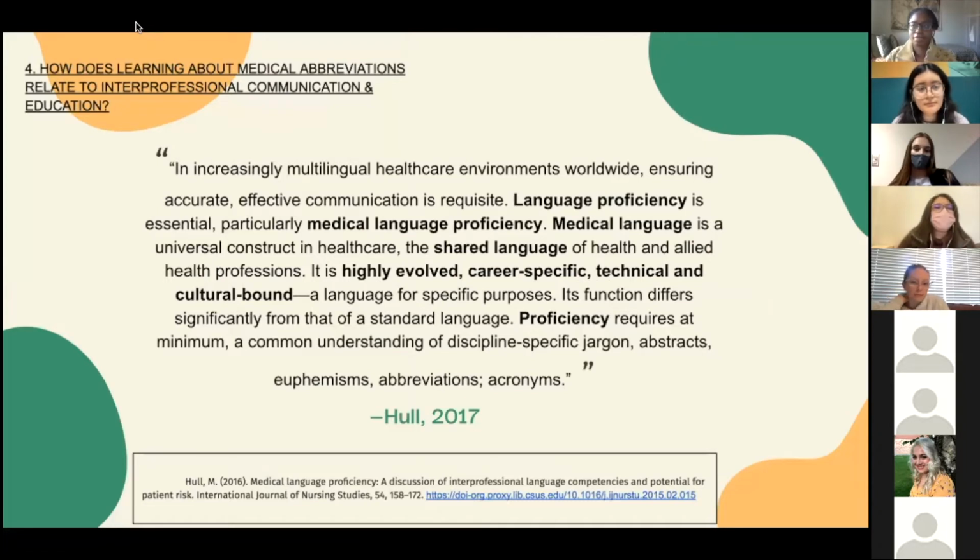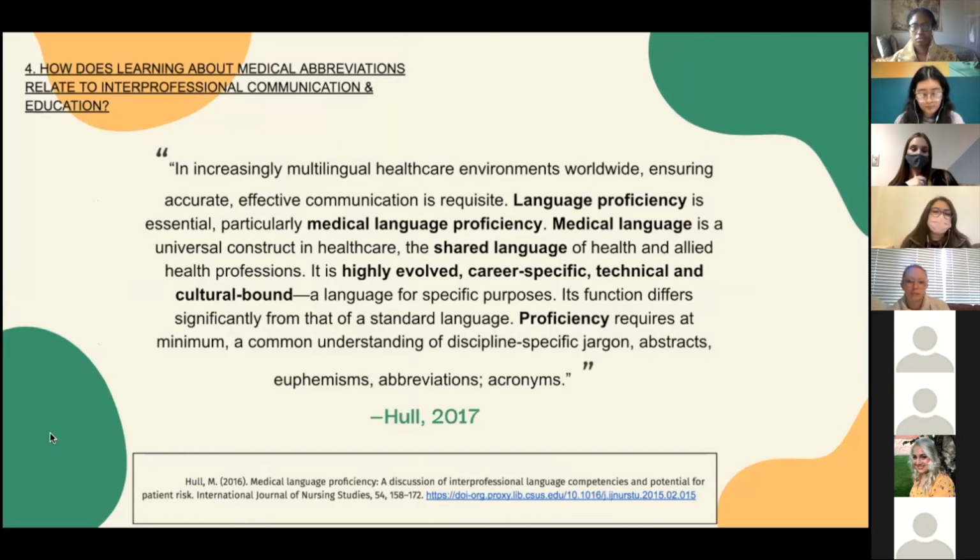All right. So how does learning about medical abbreviations relate to interprofessional communication and education? Here's a statement by Hull. In increasing multilingual healthcare environments worldwide, ensuring accurate, effective communication is requisite. Language proficiency is essential, particularly medical language proficiency.